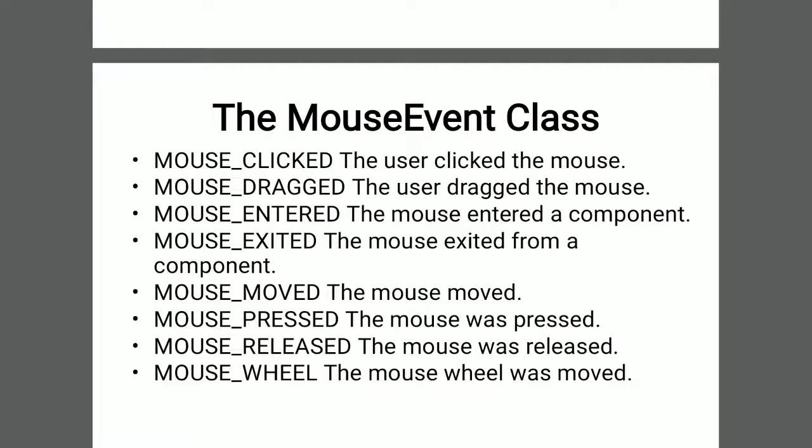Here we listed different types of events generated by the mouse. Mouse clicked: when a mouse is clicked, an event will be generated. Mouse dragged. Mouse entered a particular component. Mouse exited from the particular component. Mouse moved. Mouse pressed. Mouse released. Mouse wheel movements.